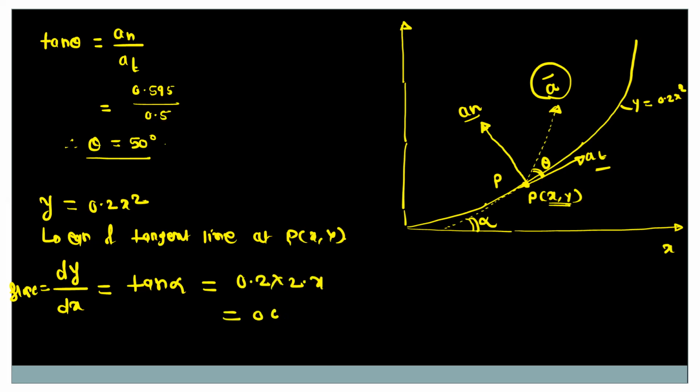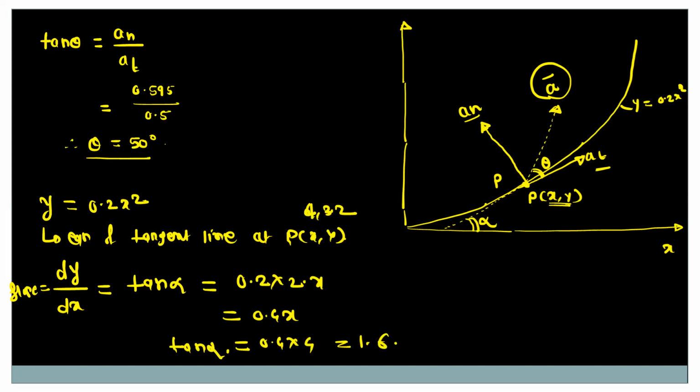So that is equal to 0.4x. And what are the coordinates? This x and y is equal to 4 and 3.2. So put the value of x as 4. So this is equal to 0.4 into 4, that is equal to 1.6. So this is nothing but tan of alpha.